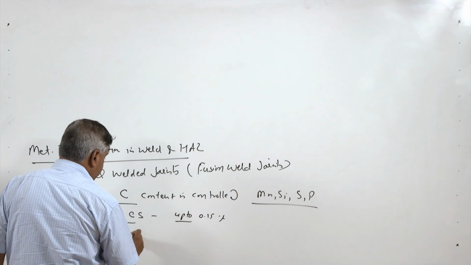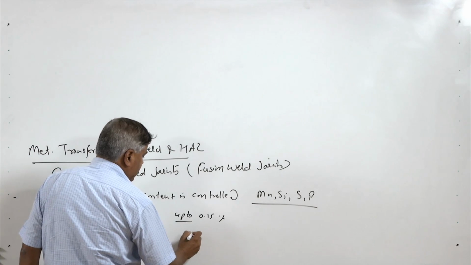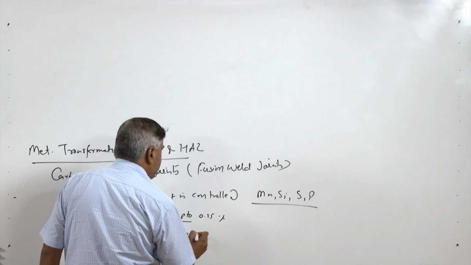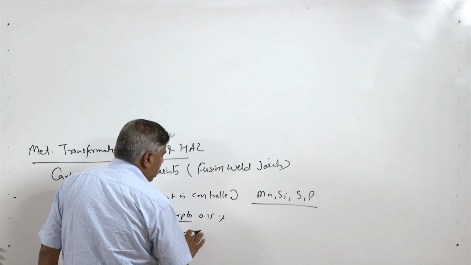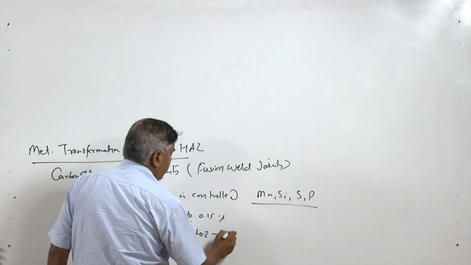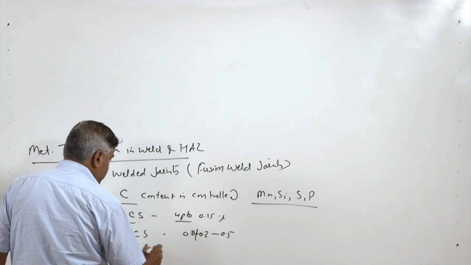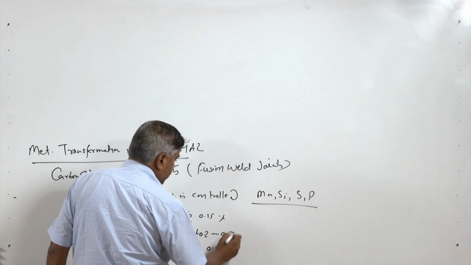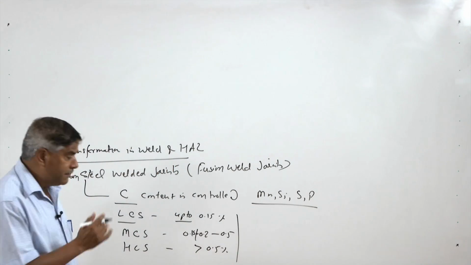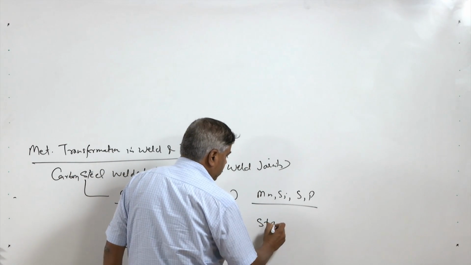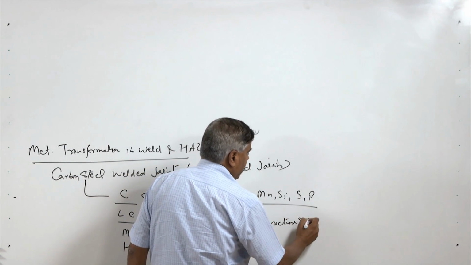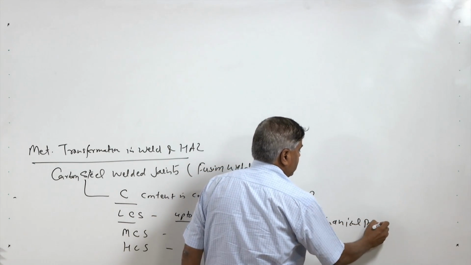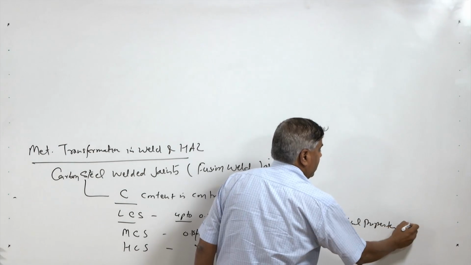Then medium carbon steels like say 0.2 to 0.5, and high carbon steels greater than 0.5 percent. So, it is the carbon content that significantly determines the structure and mechanical properties of carbon steels.